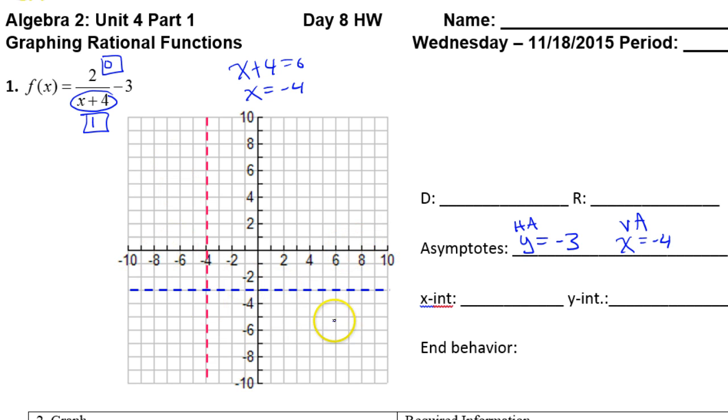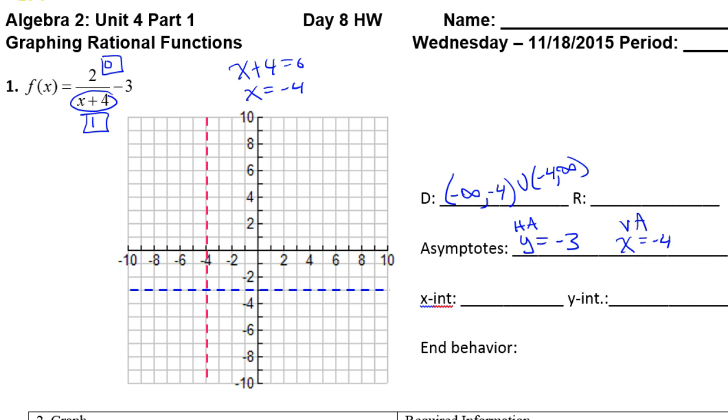So without even drawing in the branches yet, I know the domain is going to be -infinity to -4, because that's where my vertical asymptote is. Alright, union -4 to positive infinity. Okay, it doesn't matter where the branches are, that's going to be the domain. So let's go ahead and draw the branches up.